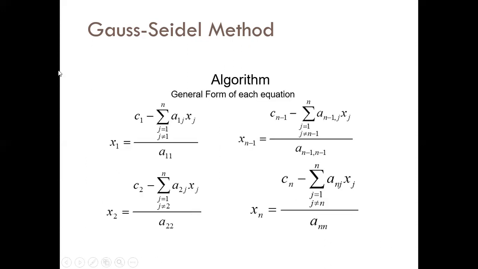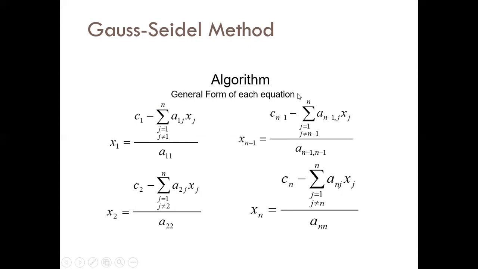Then xi is equal to bi minus the summation of aij xj, from j equal to 1 to n, but j is not equal to i, because when we take x1 we do not use x1 itself. For x2, j is not equal to 2, with j from 1 to n.